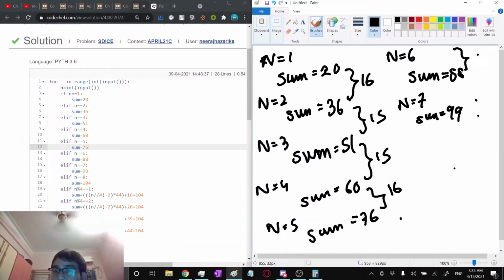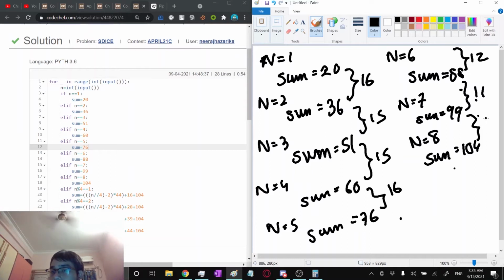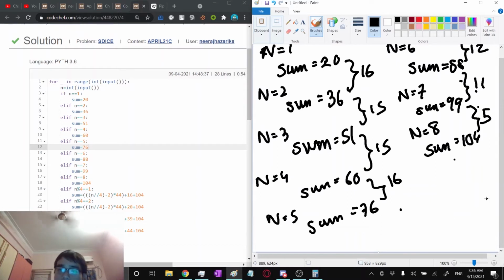We see a change in pattern, and equal to 12. 99, this is clearly 11. The last one, sum equal to 104. After this, we see a pattern. This would be 5, right? Yeah, 5. So this is a weird pattern. We don't see any pattern over here.